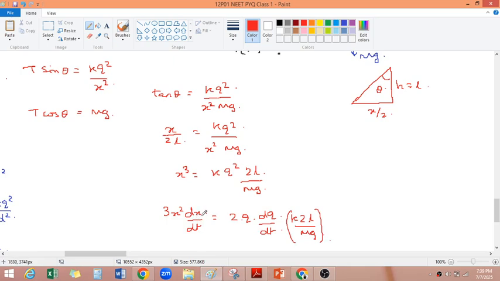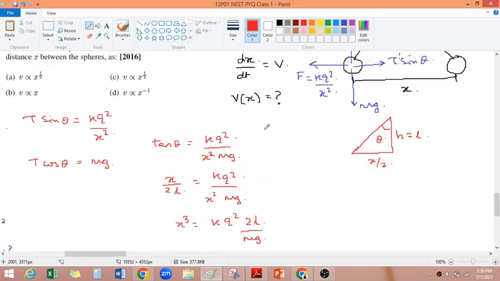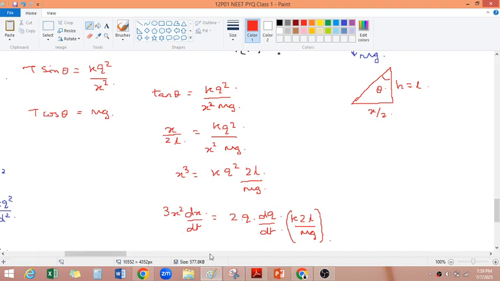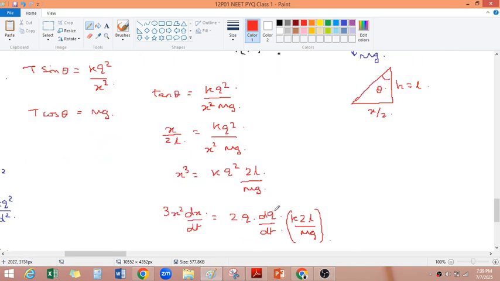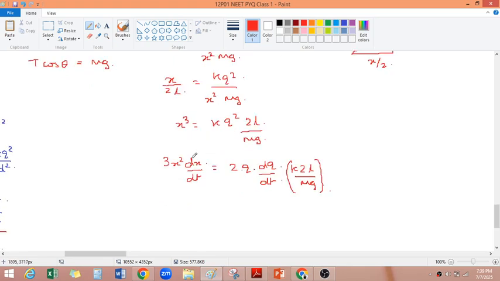As I told you, dx by dt is velocity. So I want velocity in terms of x, so I can bring the x on this side. dq by dt is also a constant, so all these things are constant. So q can be replaced in terms of x. Okay, so all these things are constants. This one, because dq by dt is a constant.